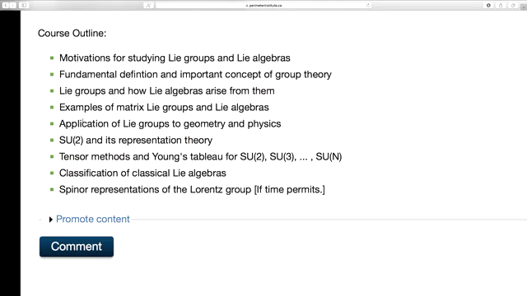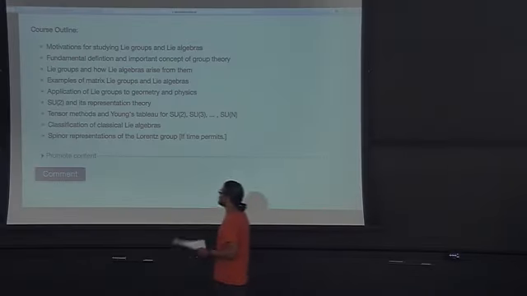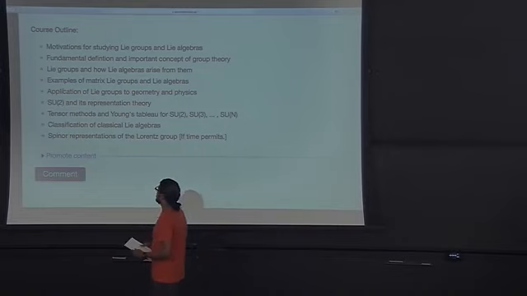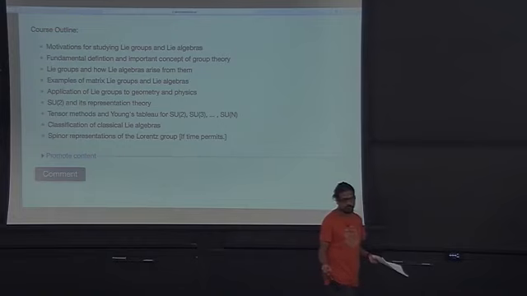And then probably next lecture, after the second topic, I forgot to write there, we will talk about what we mean by representation of a Lie algebra and a Lie group or a group.